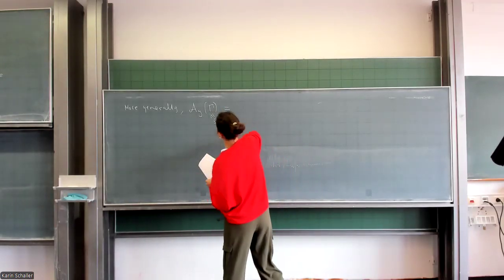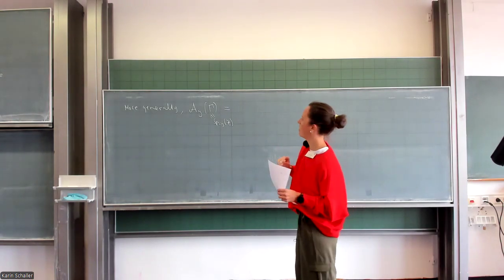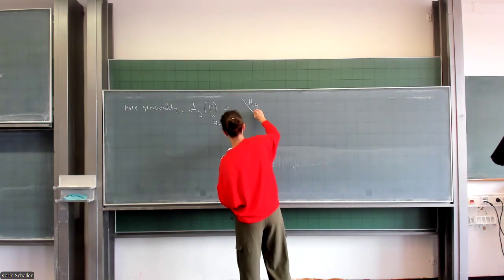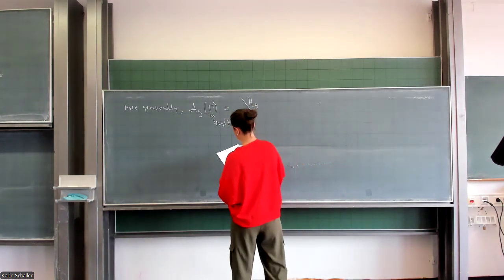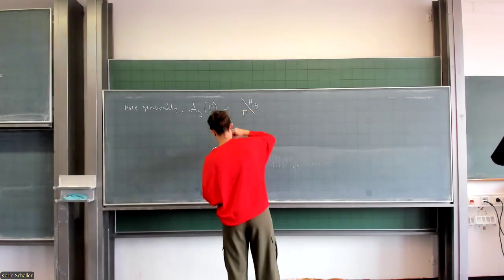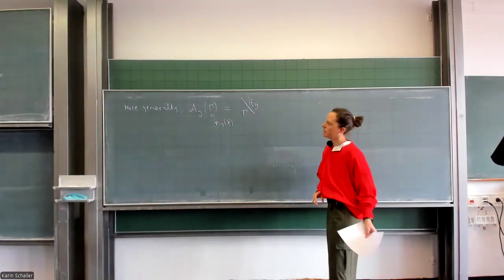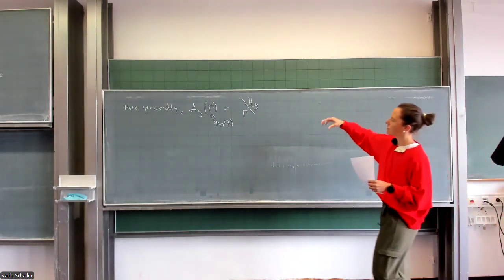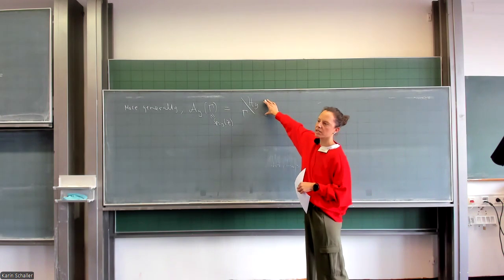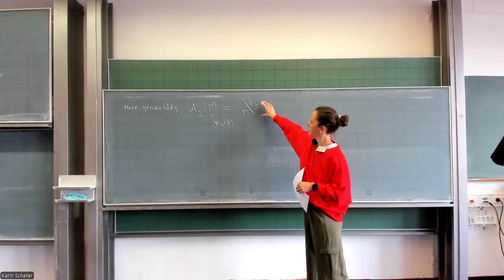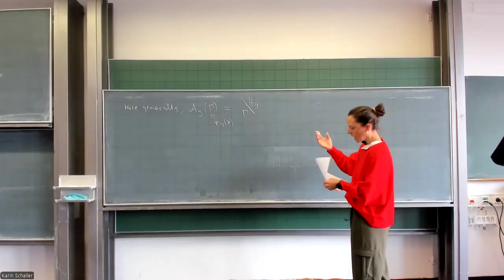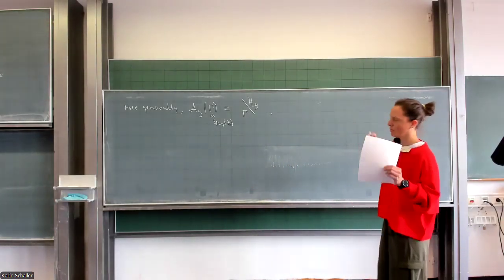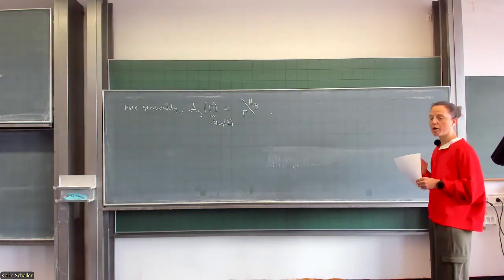I can write this again as a quotient of the Siegel upper half plane modulo this group. These are the higher dimensional analog of the complex upper half plane. These are symmetric g by g matrices with positive imaginary part. Now again, I want to calculate the volume in this differential geometric way.